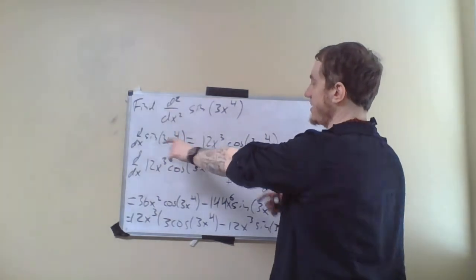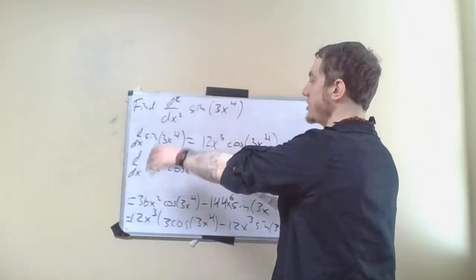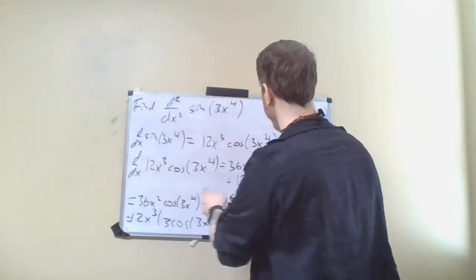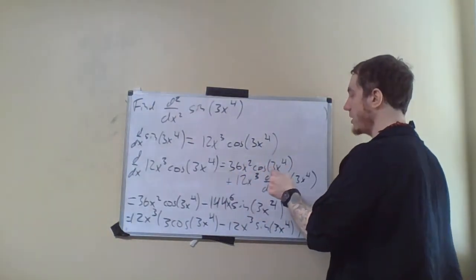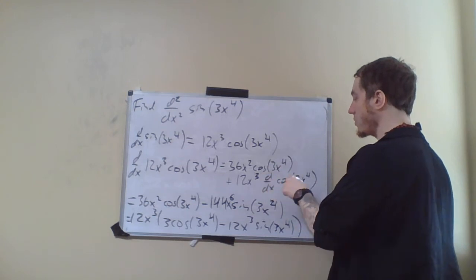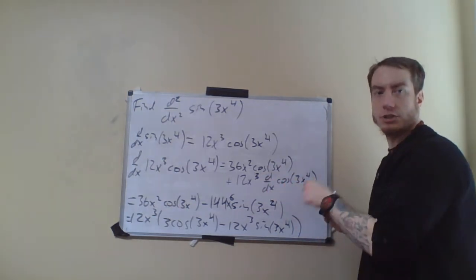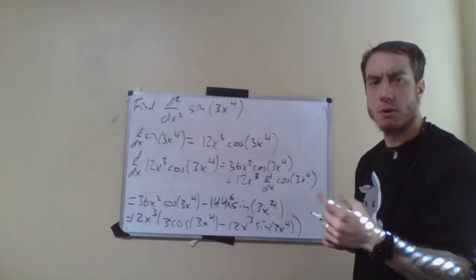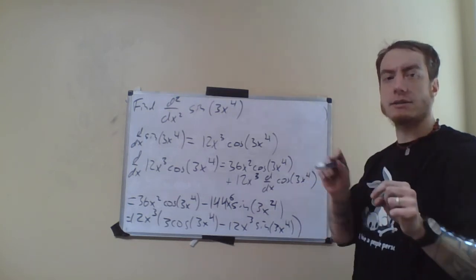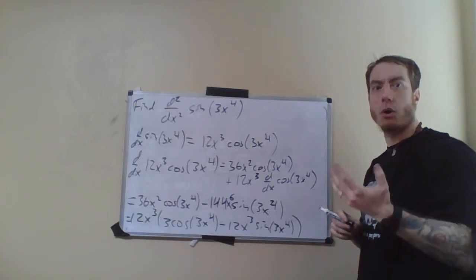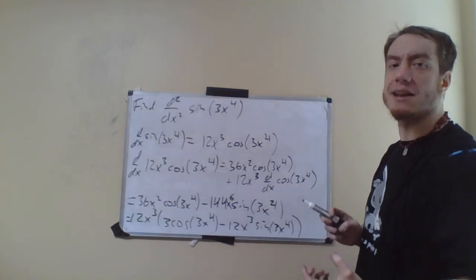Taking the first derivative here, that's just the chain rule, so that's fine. But now we have to take the derivative of this thing, and that starts turning into a mess because I had to use the product rule. Well, then after using the product rule, I also have to use the chain rule. So again, it seems like it's snowballing into a mess, but every single one of those things that I'm doing, it's not something that is unheard of for us to do. It's something we know how to do.